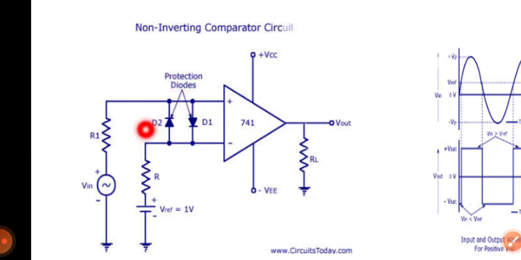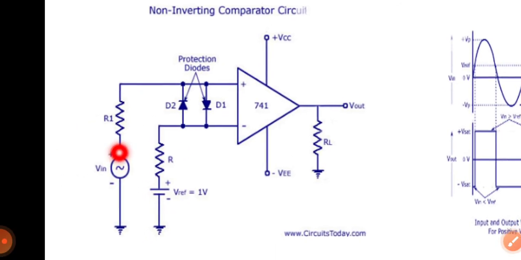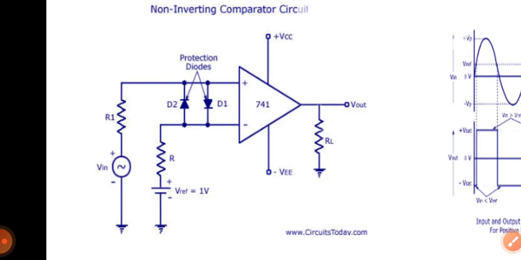It protects the op-amp from the differential input voltage VID, because here you are giving the DC supply and here you are giving the AC supply. Both are different voltages. That's why, to protect the op-amp, we are putting the two diodes here.